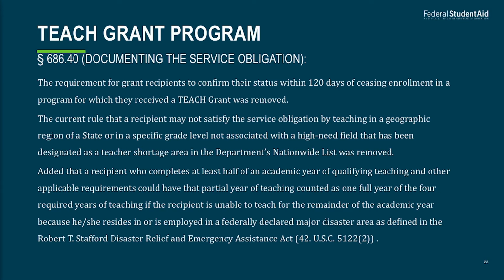We added that a recipient who completes at least half of an academic year of qualifying teaching and other applicable requirements could have that partial year of teaching count as a full year of the 4 years of teaching if the recipient is unable to teach for the remainder of the academic year because he or she resides in or is employed in a federally declared major disaster area as defined in the Robert T. Stafford Disaster Relief and Emergency Assistance Act.